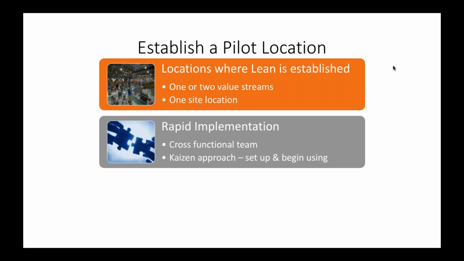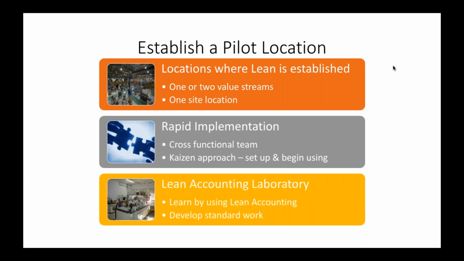Implement lean accounting rapidly. As I mentioned earlier when we talked about our services, we recommend that you use a cross-functional team and a Kaizen approach, where you get a lean accounting system in place maybe in a few months by doing multiple 3-day events. You're using the pilot location as a laboratory to learn about it and to develop standard work.